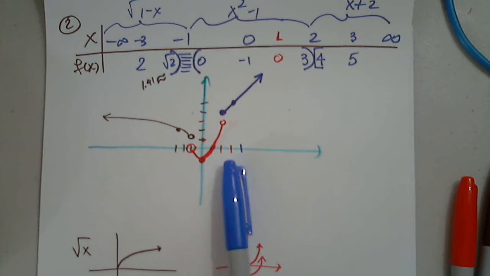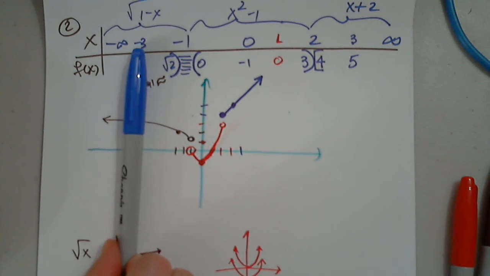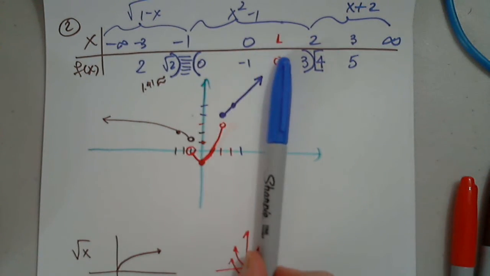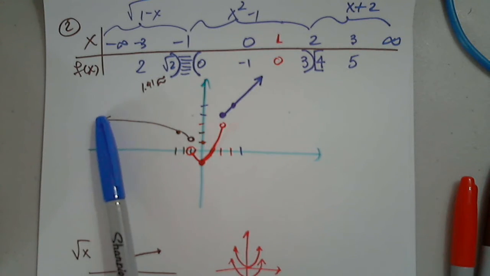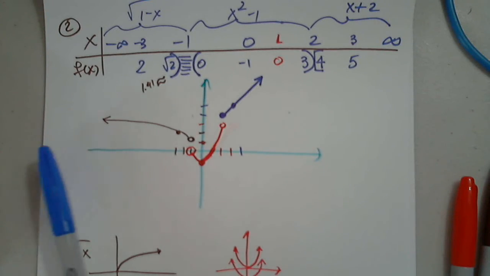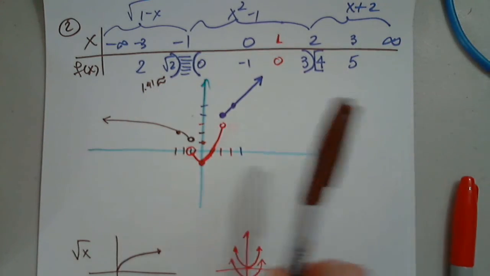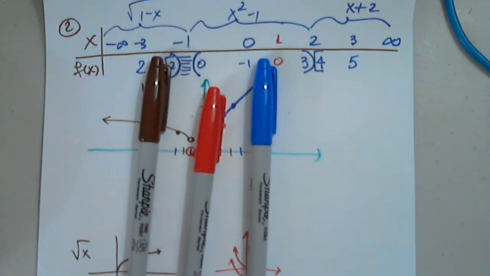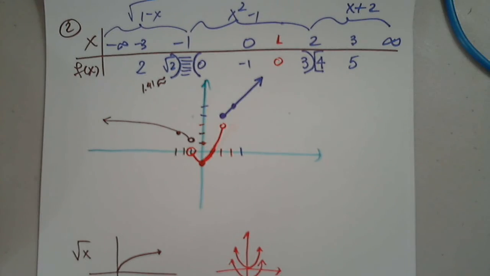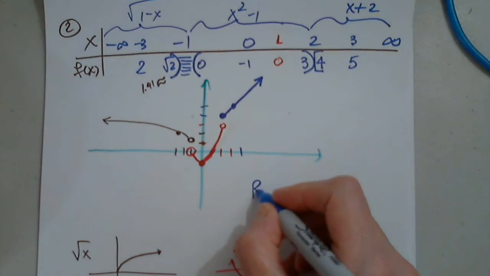Okay, 3 different colors. It's a function by the vertical line test. If I extend the red, or the brown, or the blue, it will not be a function anymore. So this piece is brown, this piece is red, and this piece is blue. They do not overlap. Okay, so finally I want to determine the range.